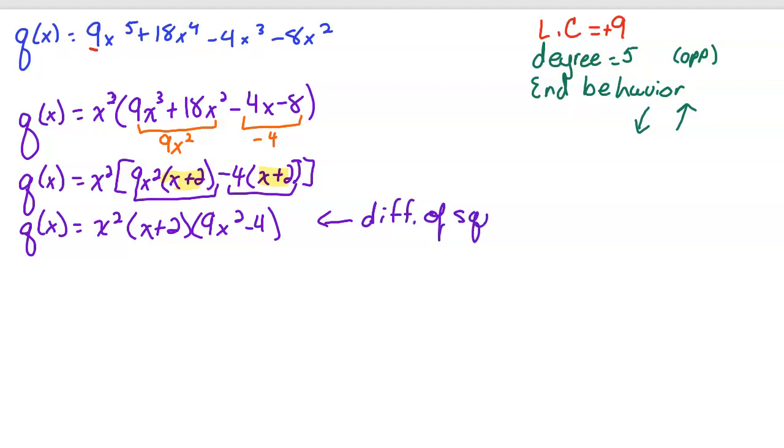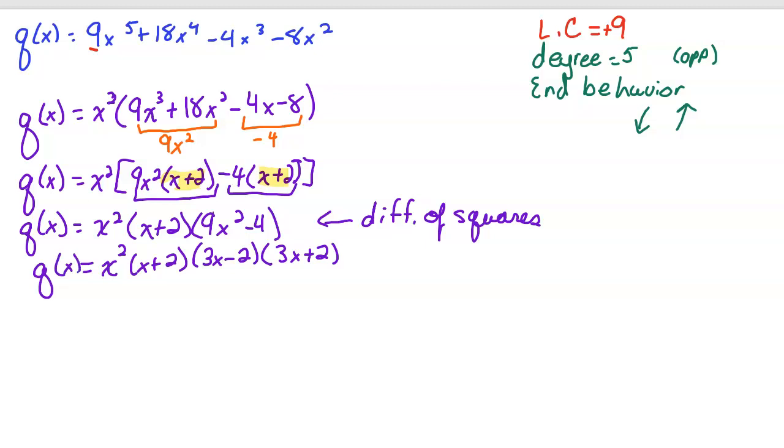I know this because I can take the square root of 9x squared and the square root of 4. I'm going to get a 3x minus 2 and a 3x plus 2. And then I'm going to bring down that x plus 2 and that x squared. Now I have this in completely factored format, which I want to make sure that I get.